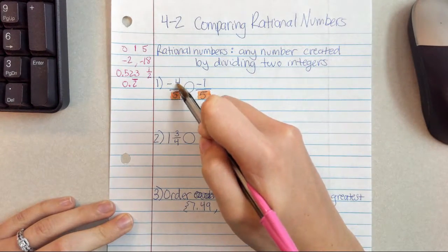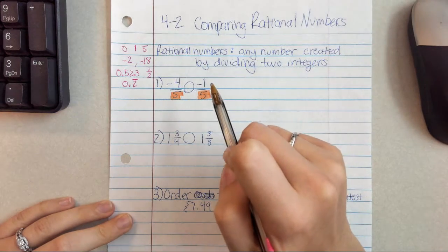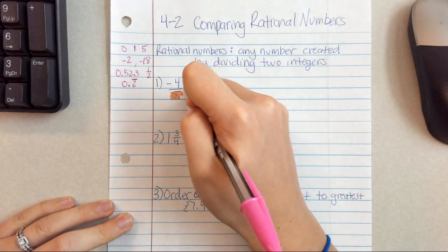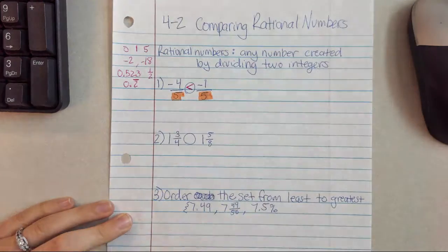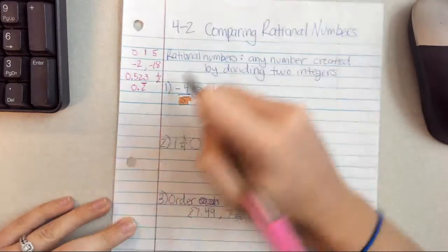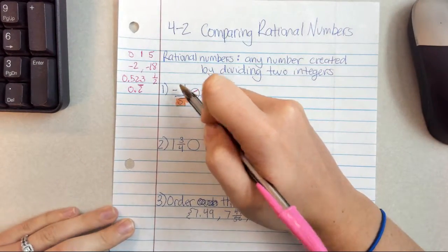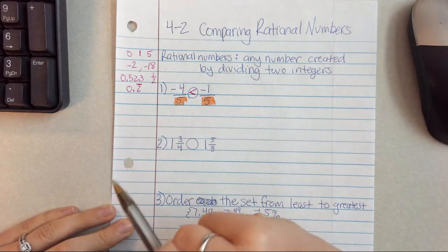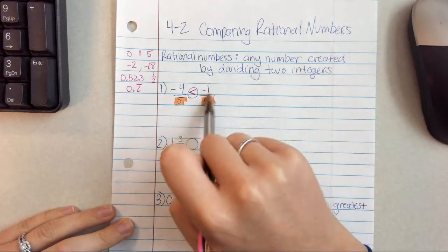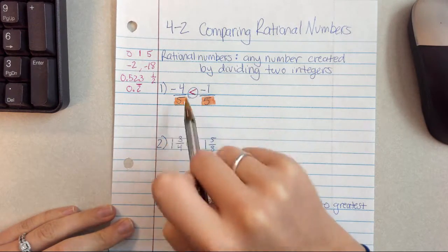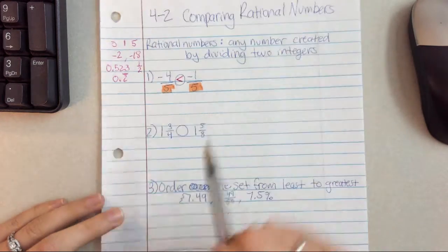So -4 and -1. Well, we know -4 is less than -1. And that kind of seems confusing because you would look at the 4 and think, well, that's bigger. But these are negative numbers, you have to remember. So these are closer to the positive. That means it's going to be larger.